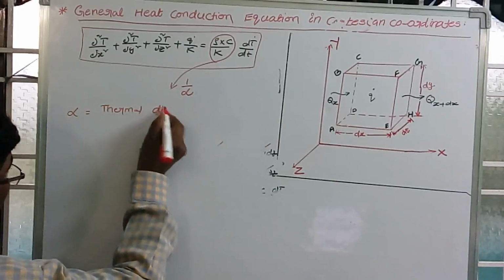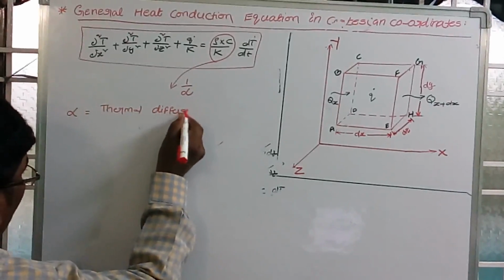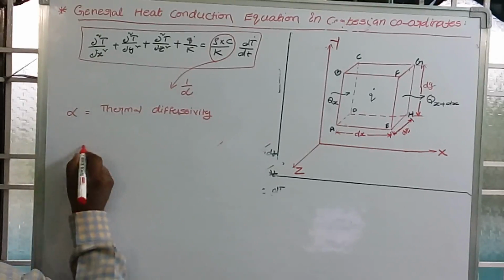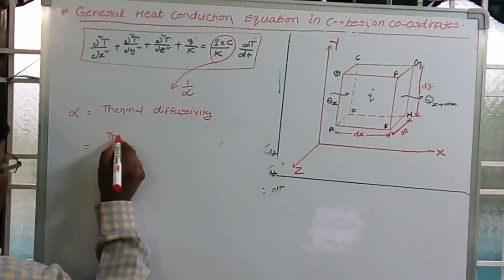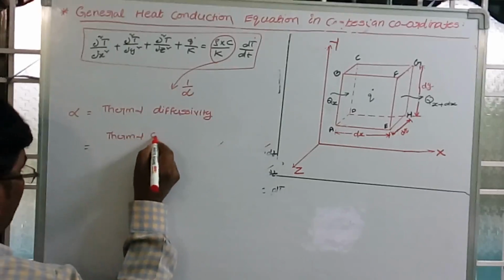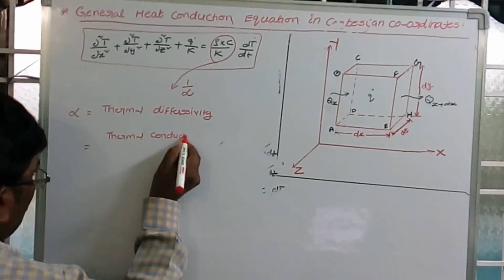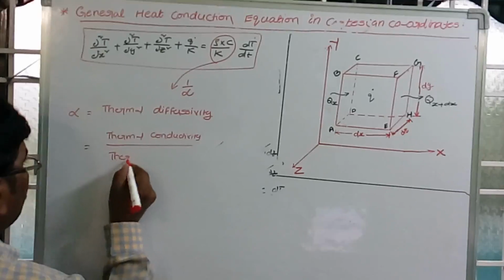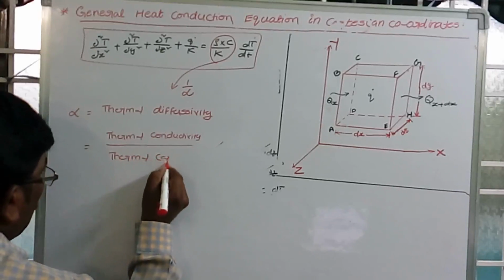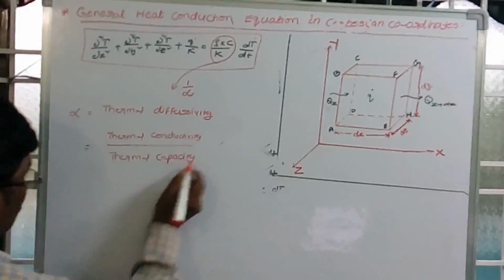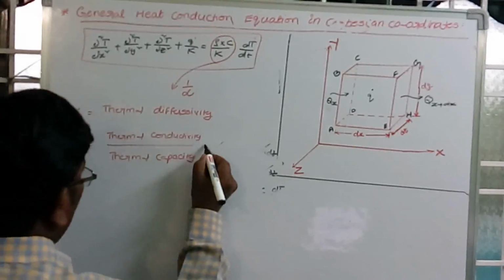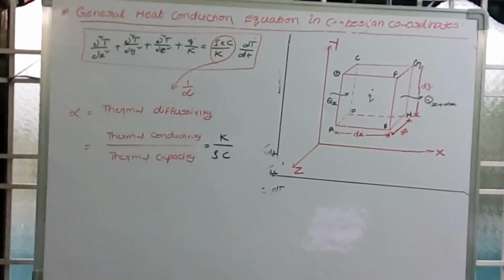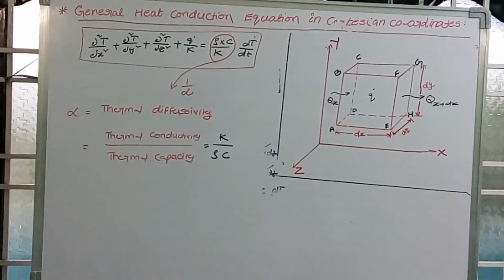Thermal diffusivity is the ratio of thermal conductivity to thermal capacity. That is, thermal conductivity is K, thermal capacity is rho C. So rho C by K is equal to 1 by alpha, and K by rho C is equal to alpha.